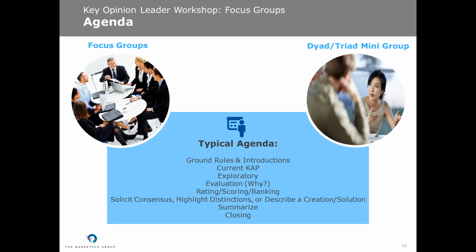You may want to have a rating or scoring or ranking phase during your focus group. And then you'll work towards soliciting consensus or highlighting distinctions, depending on how the conversation goes. Or you may want to describe a creation or a solution if you have more of a creative group, and then summarize and then close, giving opportunity after you summarize to solicit any last-minute ideas.